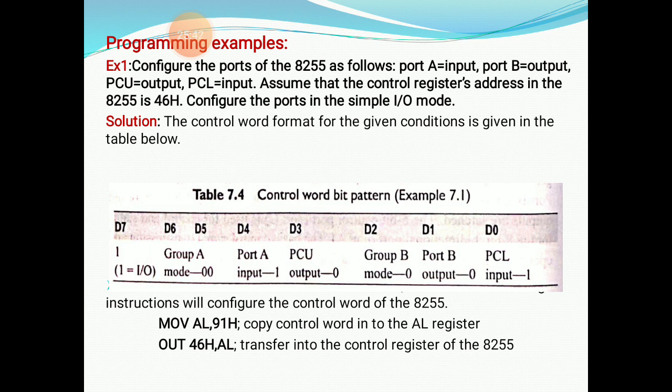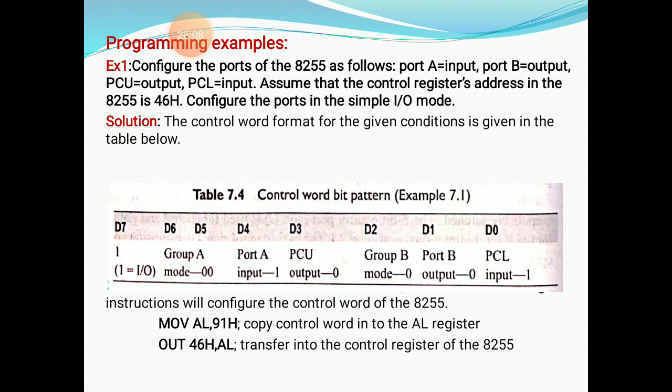The D2 bit belongs to mode selection of group B. Group B consists of two ports, port B and port C lower. These two ports are used as input and output ports, so group B is used in mode 0 operation, and D2 becomes 0. The D1 bit belongs to the direction of port B. Here port B is used as an output port, so the D1 bit becomes 0.